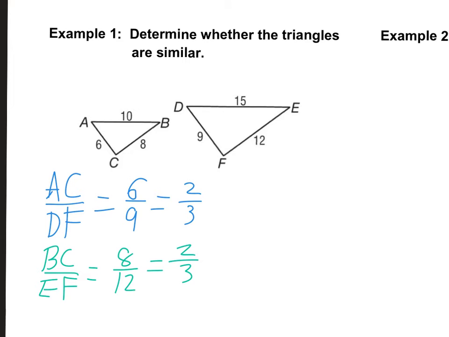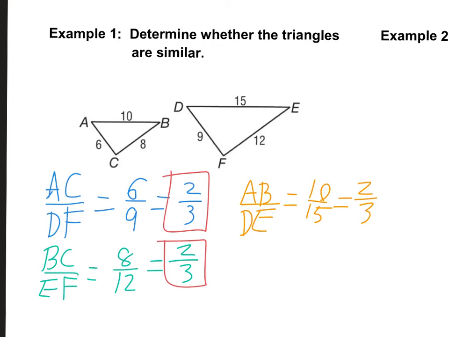And then lastly, we have AB to DE, which is 10 to 15, which simplifies down into 2/3. So we've got our 2/3 showing up on each of them, meaning that all the sides are proportional. And so this is going to be proportional by the side similarity statement.